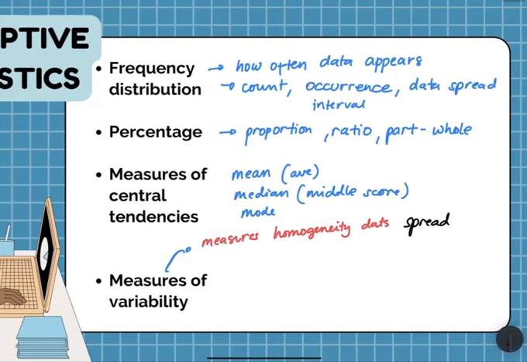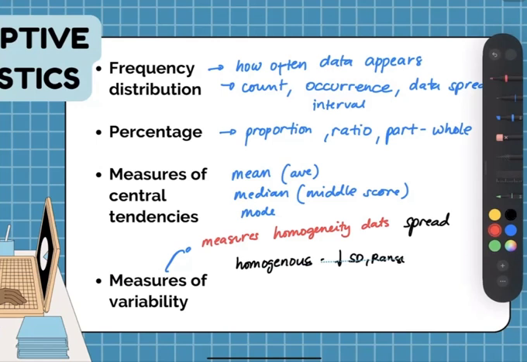Basically, class, if your data is homogeneous, which is usually indicated by a low SD and low range, it means that your data is consistent, reliable, and it really pictures the performance of the group or the population because responses are not very different or diverse.